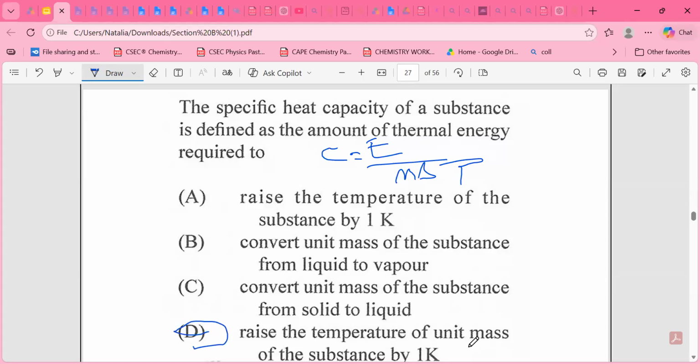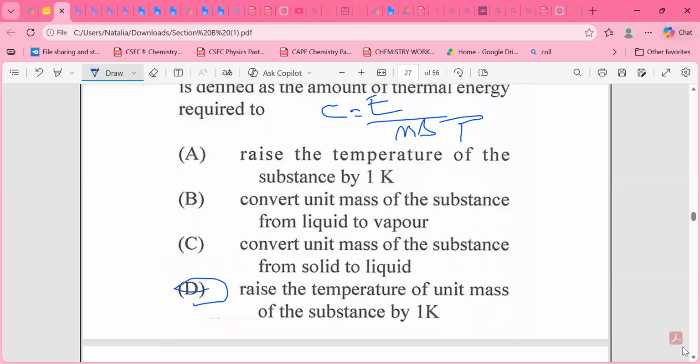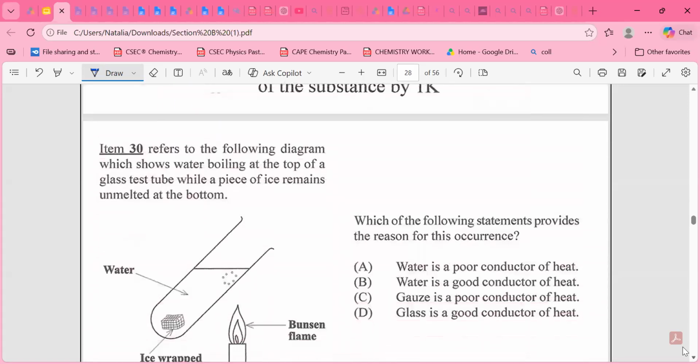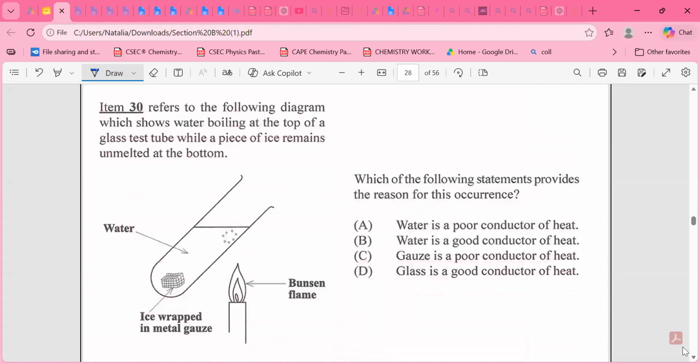Raise the temperature of unit mass of a substance by 1 Kelvin. This experiment proved that water is a poor conductor of heat.